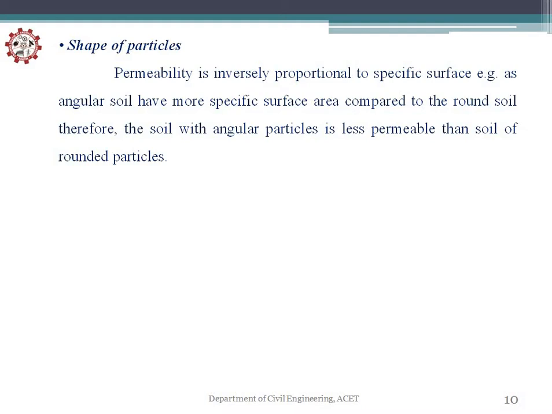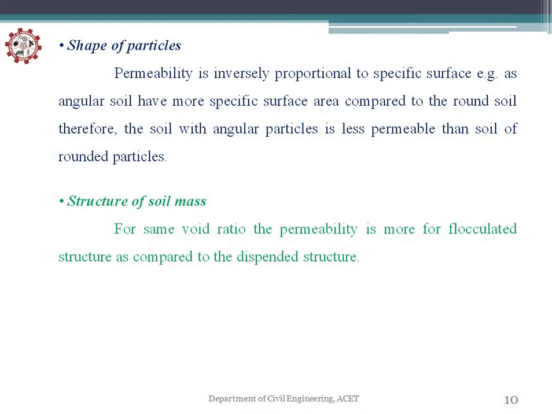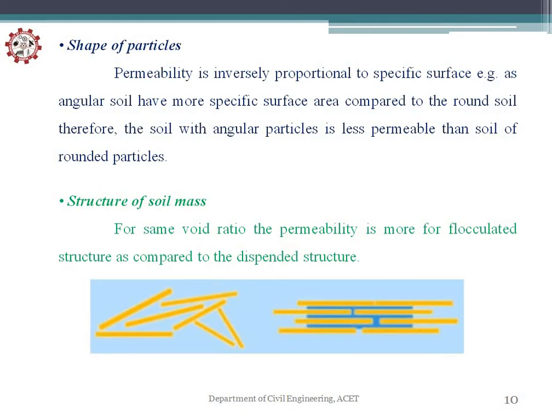Therefore, soil with angular particles is less permeable than soil with rounded particles. Then the structure of the soil mass. For the same void ratio, the permeability is more for a flocculated structure as compared to a dispersed structure. So this is the condition with flocculated and dispersed structures.